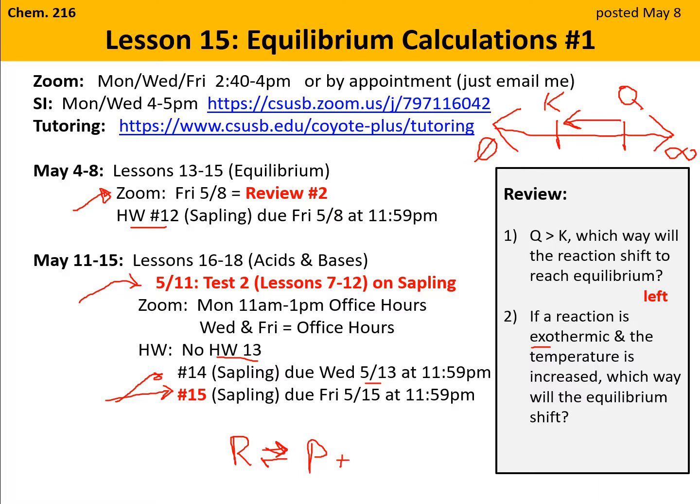And it's exothermic, which means heat is a product. So if I increase the temperature, I'm increasing a product, so it's going to shift towards the left. Again, we'd form more reactant. Okay, so that was last lesson.